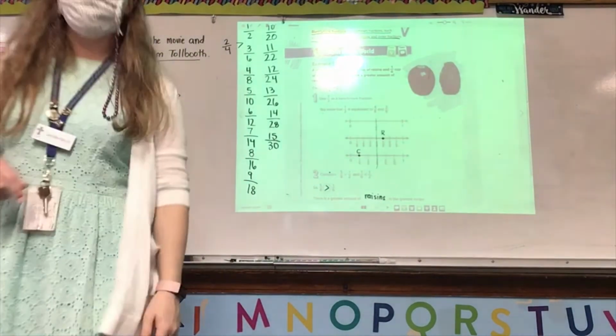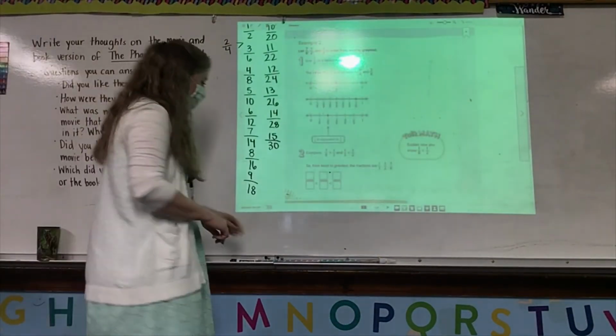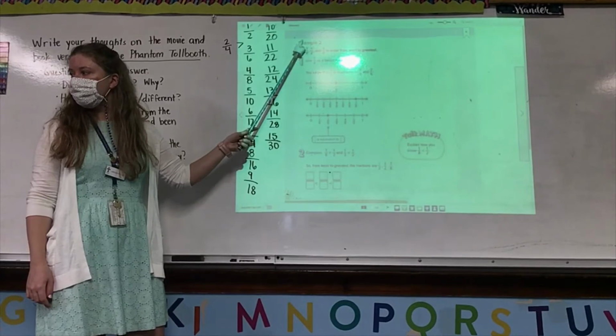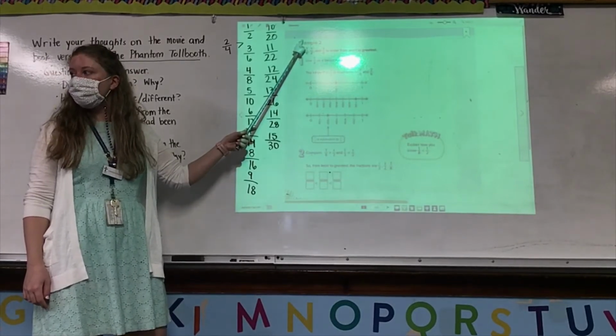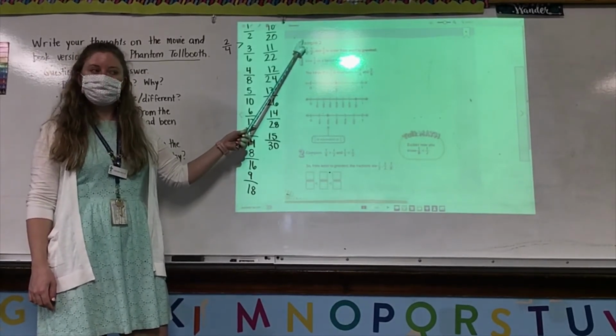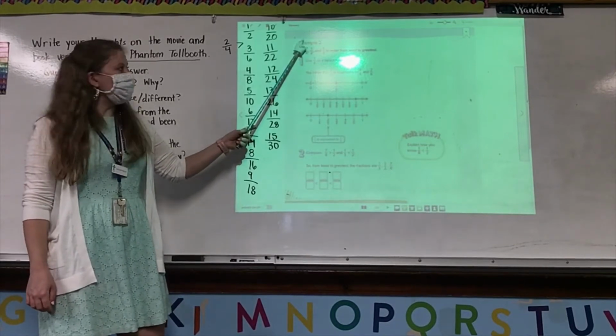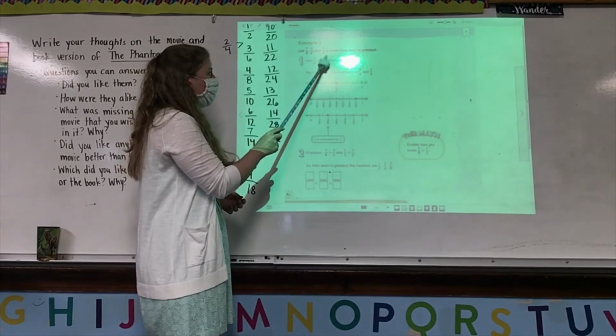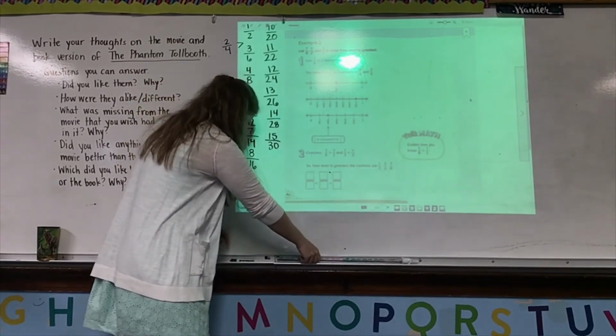Okay, let's look at example 2, finger or pencil. Okay, read in your head while I read out loud. List 7/8, 1/2, and 1/3 in order from least to greatest.